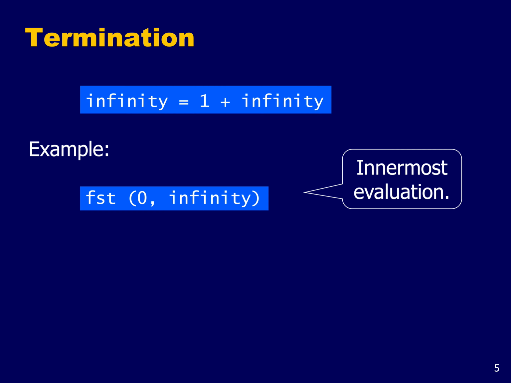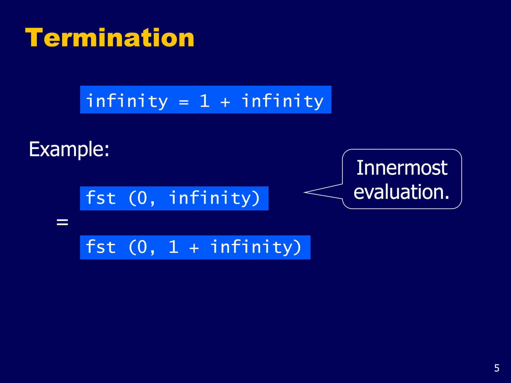So innermost evaluation, it's very easy to see what to do here. We can simply expand out the definition of infinity because that's the innermost thing which we can actually expand. So if we expand the infinity, we're going to get 1 plus infinity. And then we think, well, what's the innermost thing we can do now? Well, again, it's simply expanding the infinity.